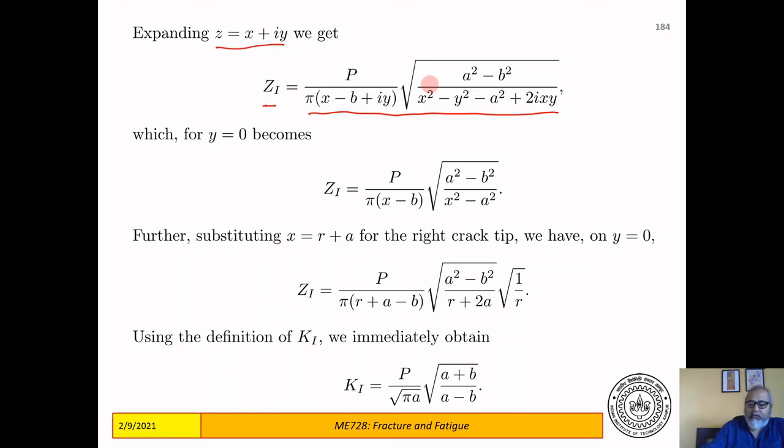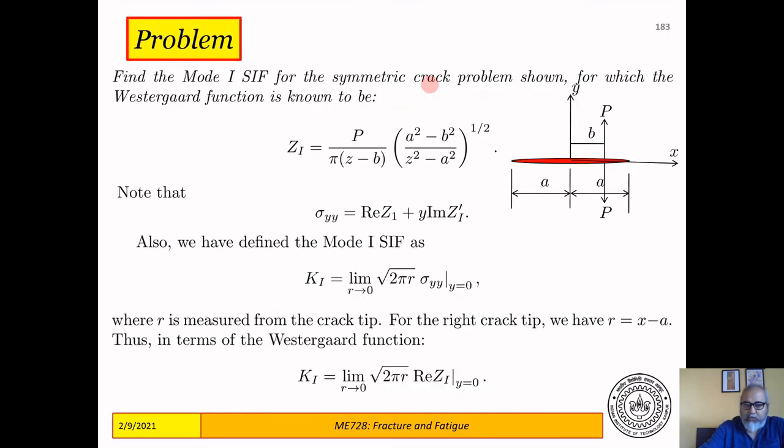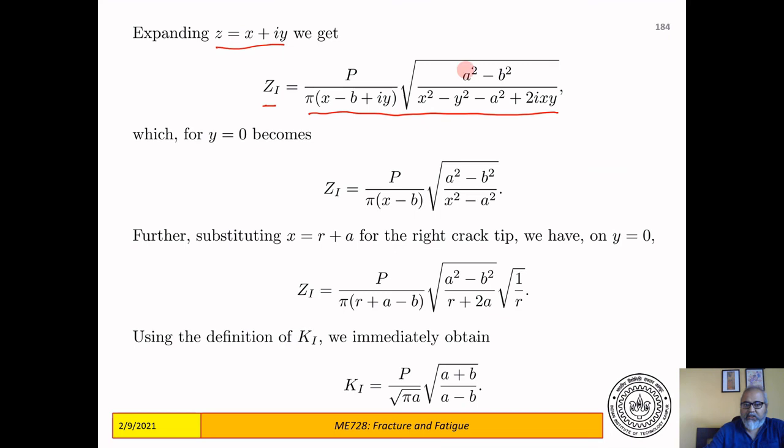We are interested in y equal to 0 because that's where we have to find the real part of Z1. So put y equal to 0 in this. This goes, this goes, this goes, and this is what you are left with on y equal to 0.